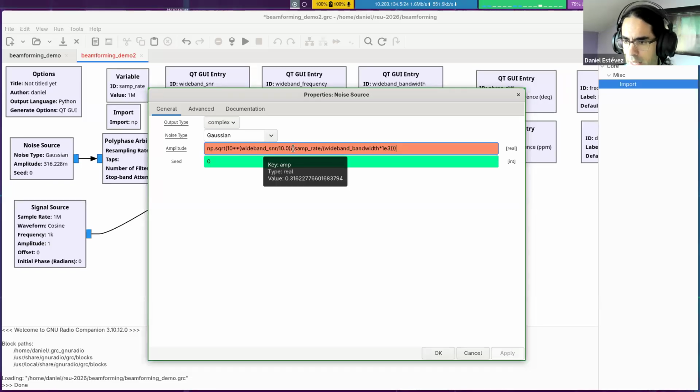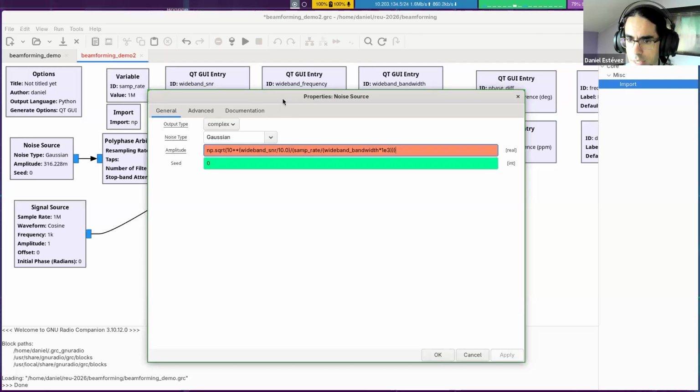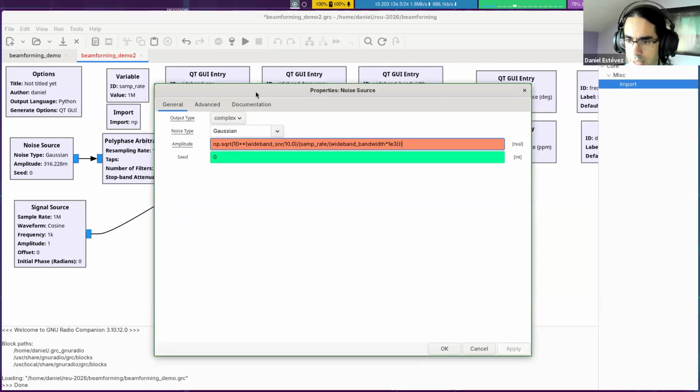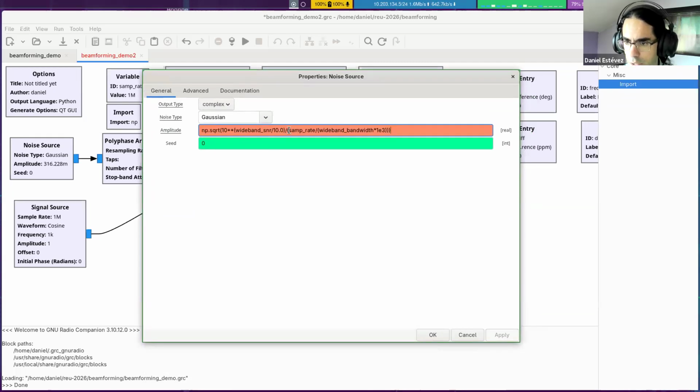But then the question is what is the portion of that bandwidth which is occupied by this noise source, and that's only 1/10. So I have that here. Basically, I have my sample rate, that's 1 megahertz, divided by the wideband bandwidth, converted from kilohertz to hertz. So this is 100,000. And then this whole fraction is 10.